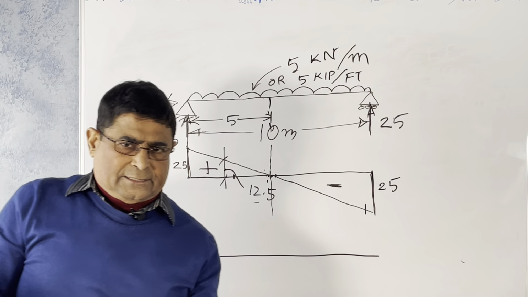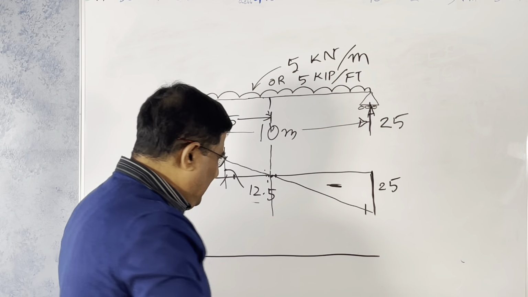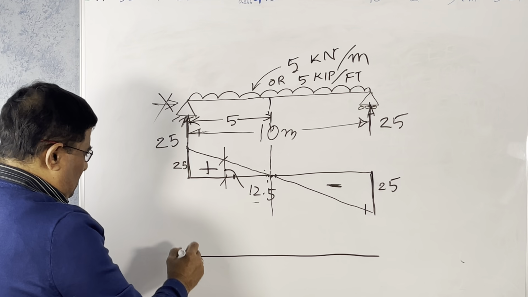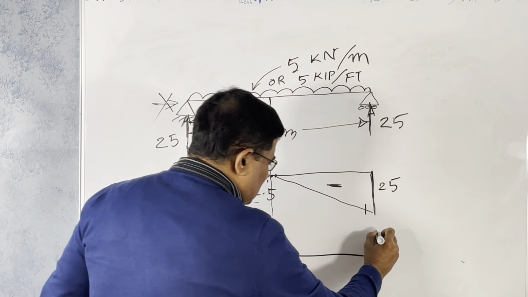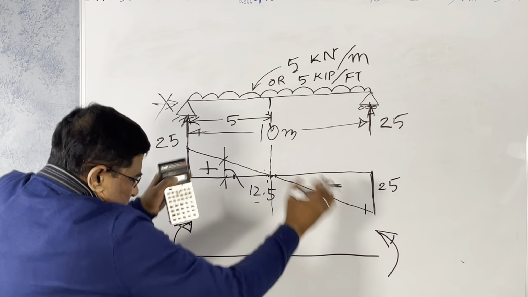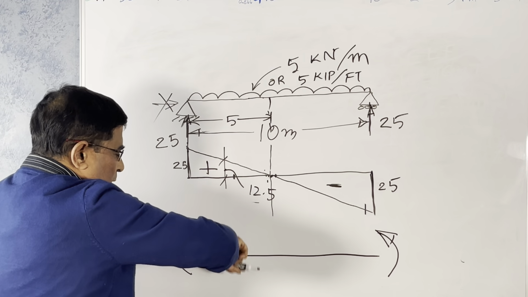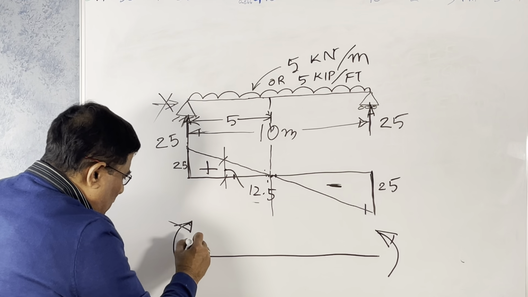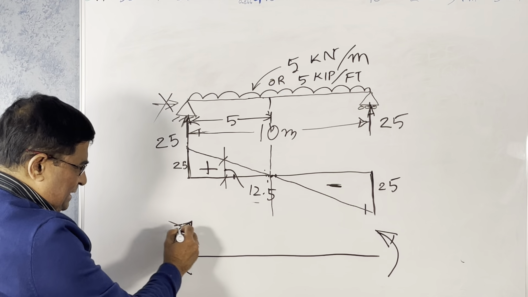It bends like this, forming like a cup. The moment will be something like this. It tries to bend like this, because this force tries to push it down, and these two forces come up, so it will try to bend like a cup.